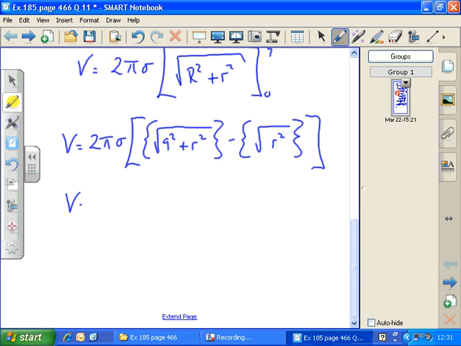And tidying up, 2 pi sigma leaves the square root of 9 squared plus R squared minus R, because the square root of R squared is just R.